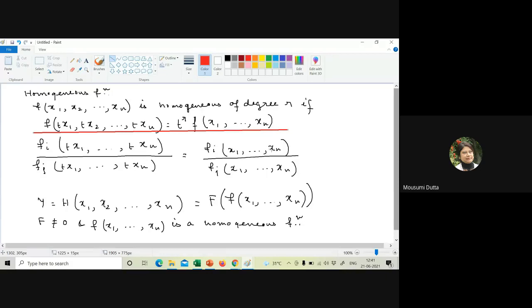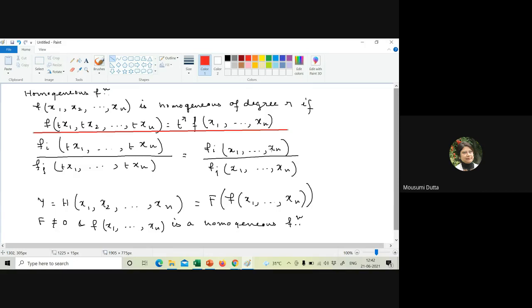Fi by fj, if you increase the isoquant level by t, will be similar to that of Fi by Fj. So it doesn't matter if you increase all the inputs and consider a different level of the isoquant, the slope will be the same. The lines will be parallel to each other.